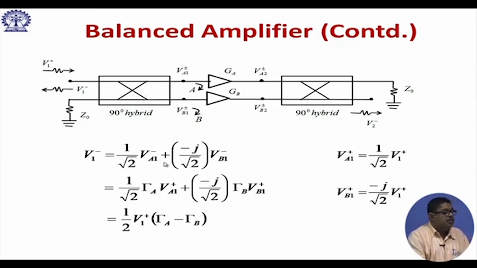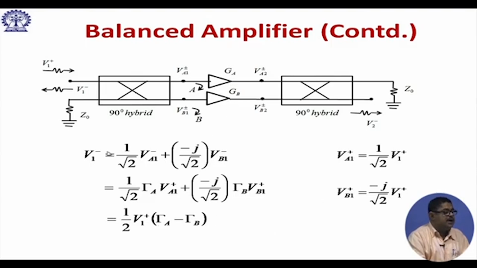Then you know that VA1 minus is nothing but gamma A into VA1 plus, and VB1 minus is nothing but gamma B into VB1 plus. So, if you put that, then we get V1 minus is equal to V1 plus into, gamma A and gamma B you can take common. So, it is gamma A minus gamma B.